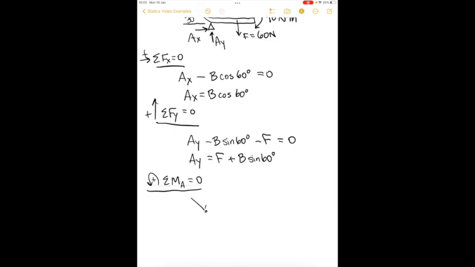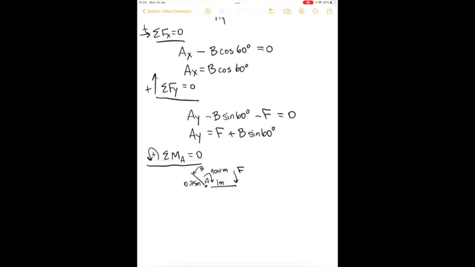And if we draw out, if this is the point A, we know that B is perpendicular to this distance, which is 0.75 meters. And this force F is perpendicular to the distance of 1 meter. And don't forget, we also have the couple moment, which is 90 Newton meters.